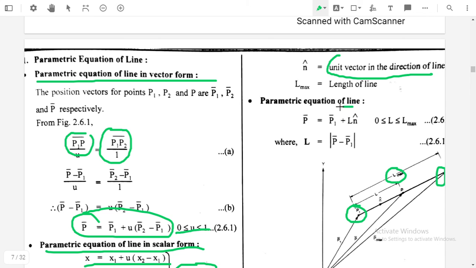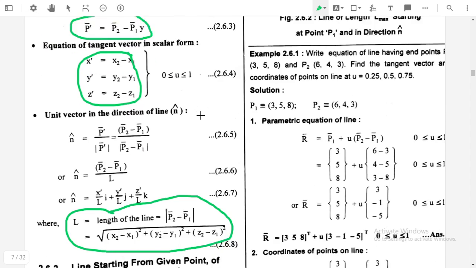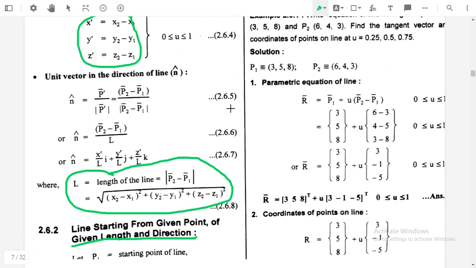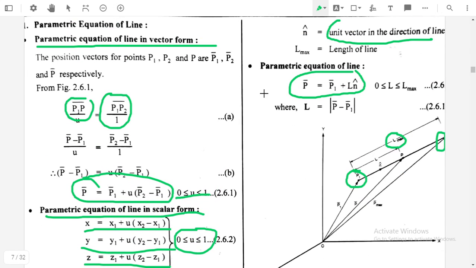Then the parametric equation of the line is p bar is equal to p1 bar plus L into n cap. And what is n cap? N cap is the unit vector in the direction of the line.